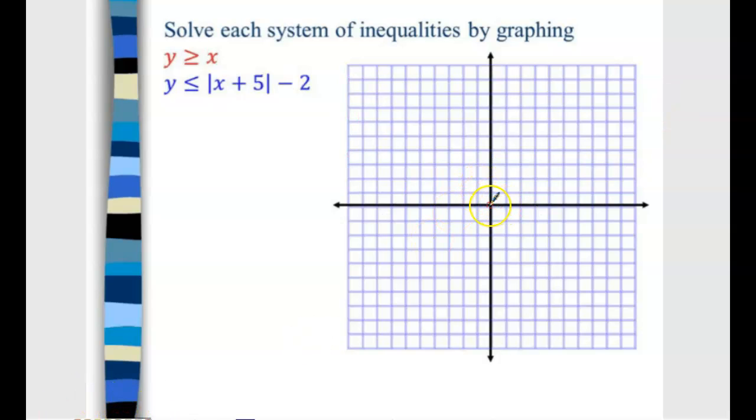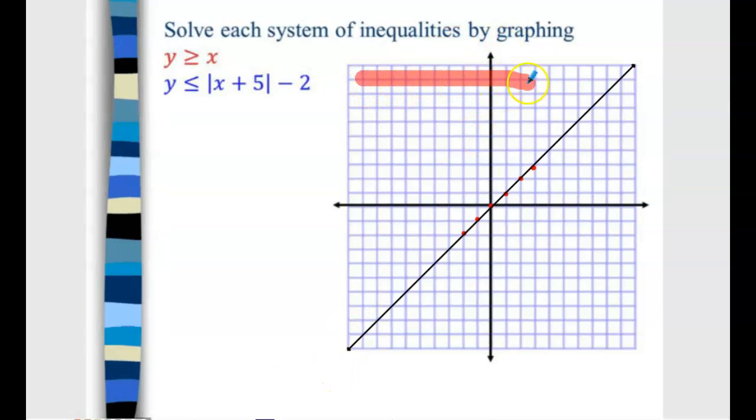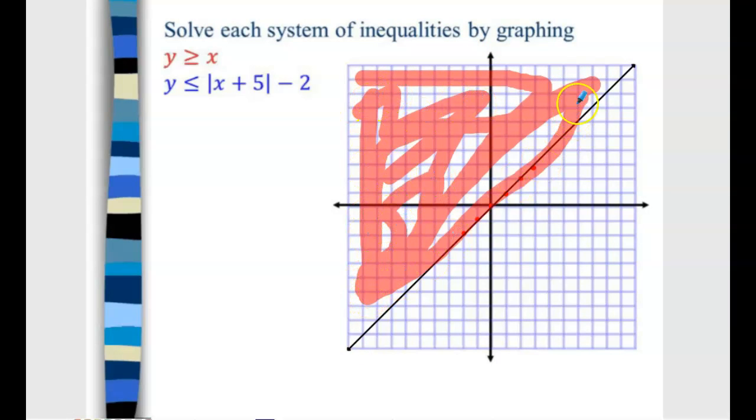Yes. Okay, and then in this example, y is greater than or equal to x. So you have a solid line at y greater than or equal to x, therefore it's solid and shaded above. And then we have an absolute value whose vertex is -5, -2.